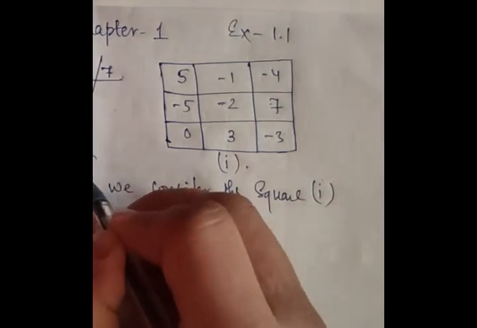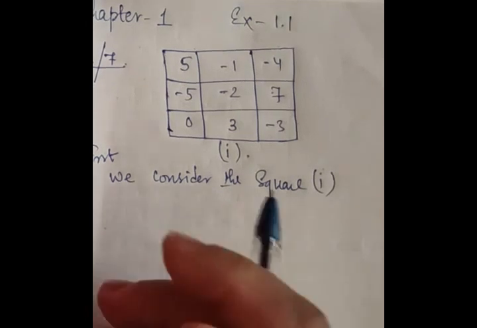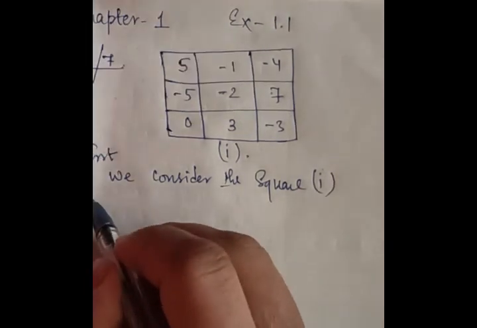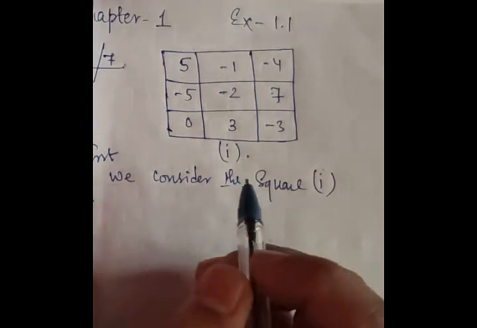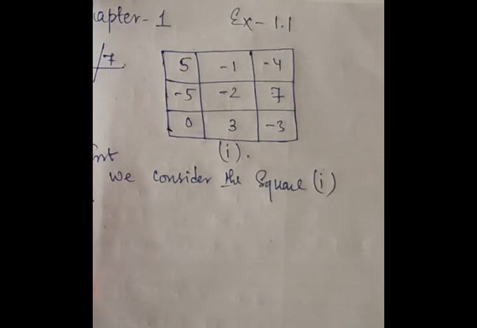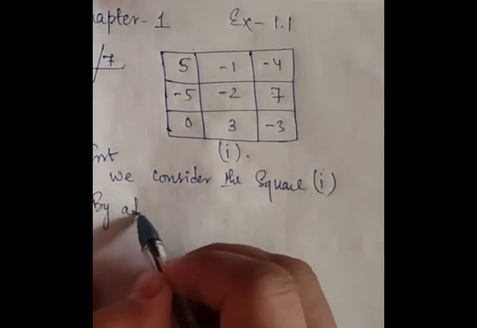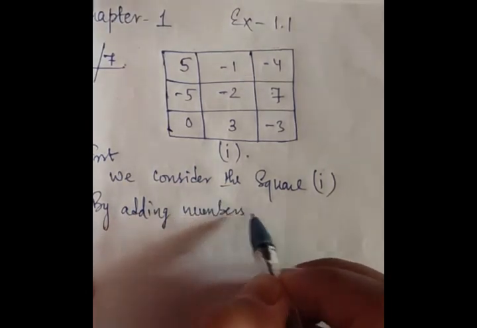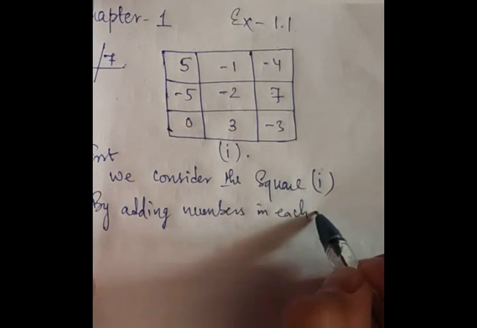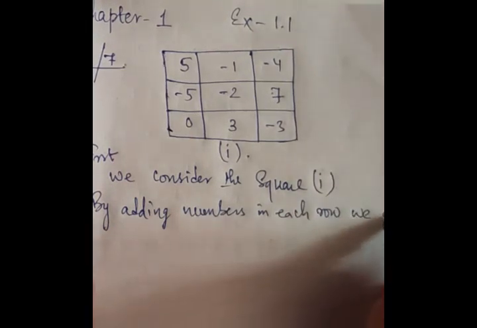What we have to do is add each row, each column, each diagonal. First we will do the addition of each row. Adding numbers in each row, let us see if we get the answer or not.